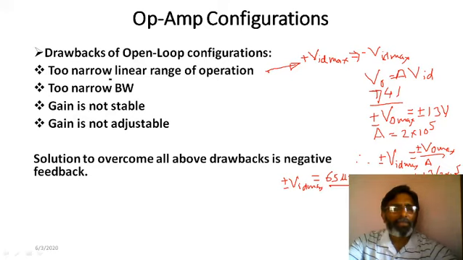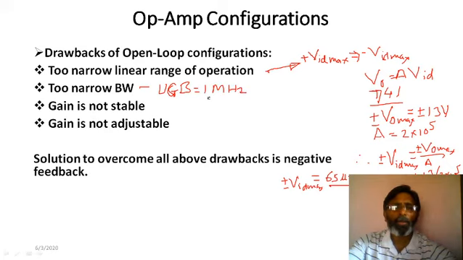Then next is the narrow bandwidth. Now we know that for 741, the UGB is 1 megahertz. This is the bandwidth for unity gain.